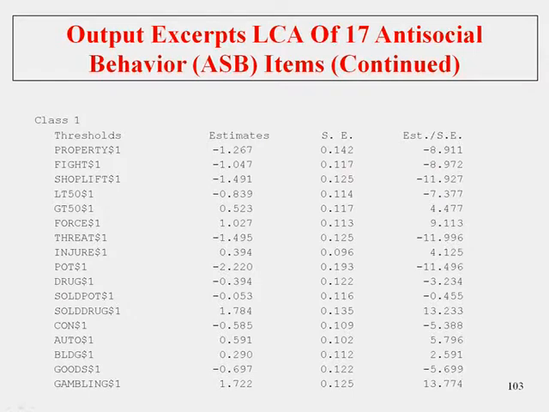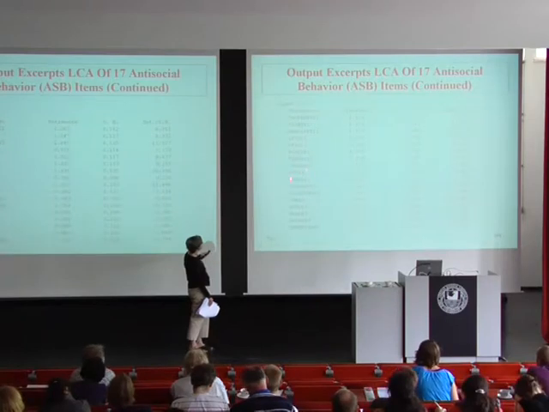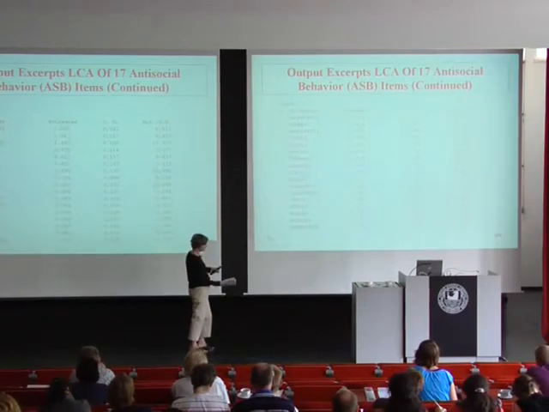And then we have class 2, which is the drug class, and so we would expect to see pot having a low threshold or a high probability, and drug, I think this might be taking drugs in general, so that's what defines class 2.